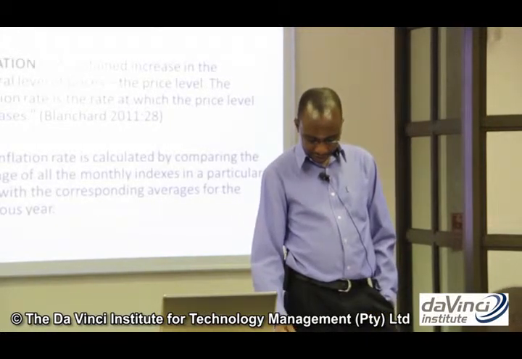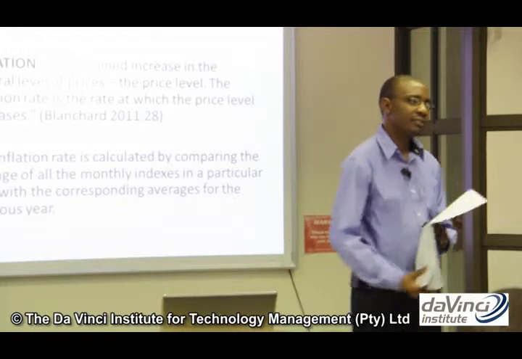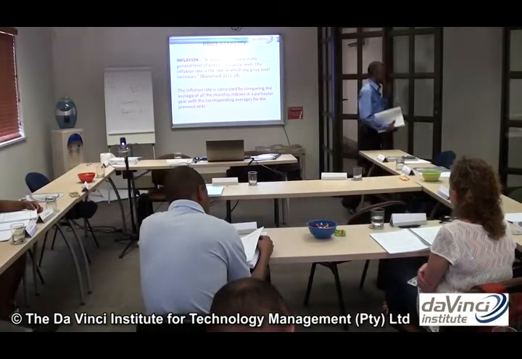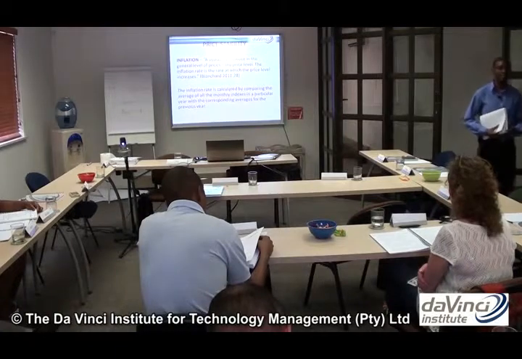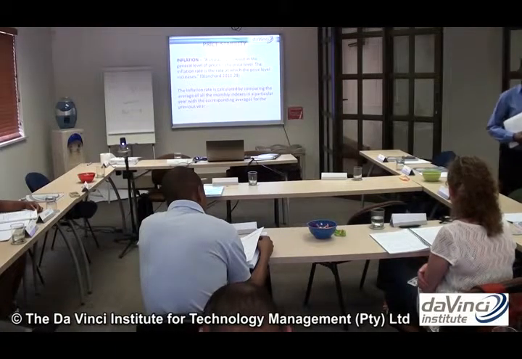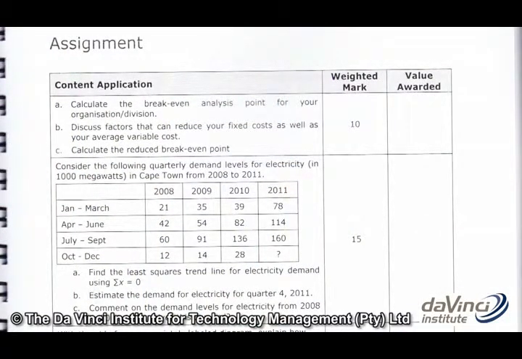Because the first part, we are discussing in general just inflation and how it's measured. Then the second part, we want you to apply that to your particular organization and say, this is the impact. The impact on your organization might not be 6.4%. It might be greater. On others, it might be less. This is what we want to see.